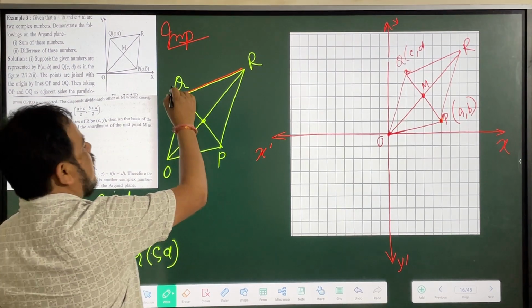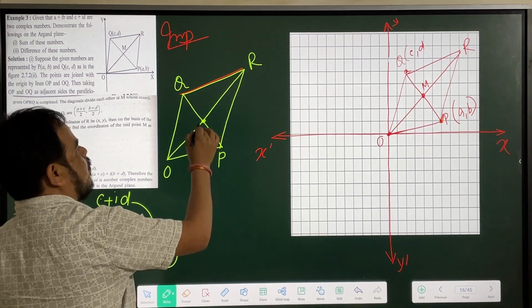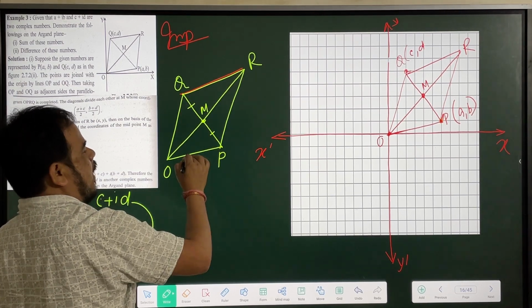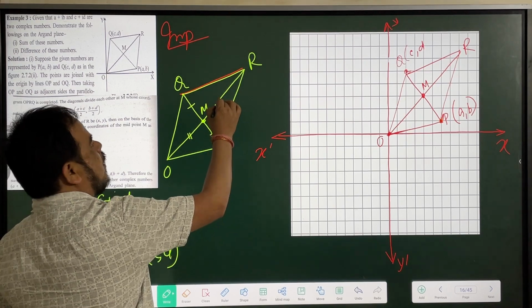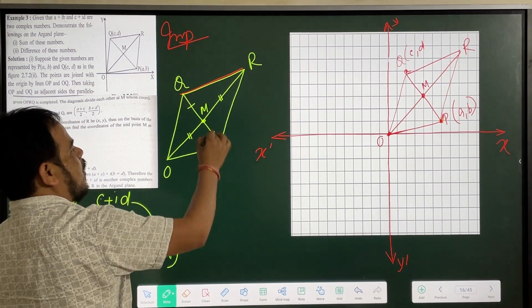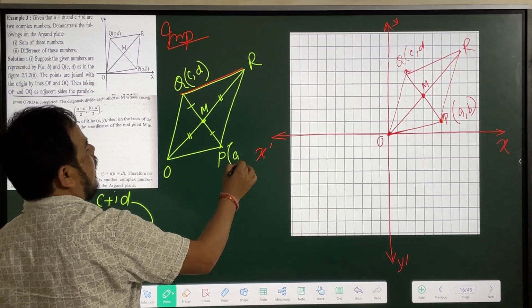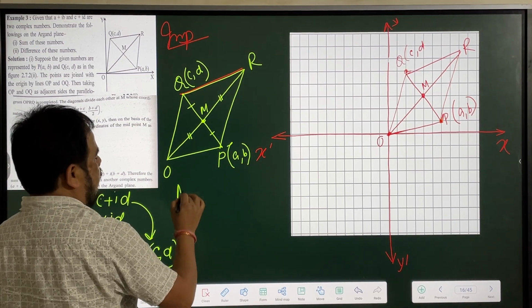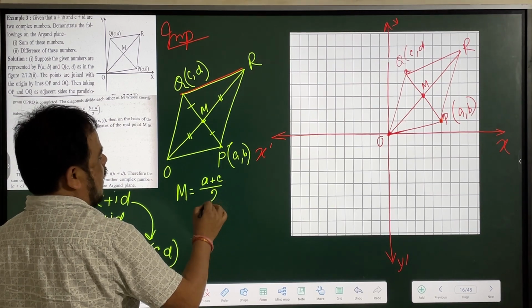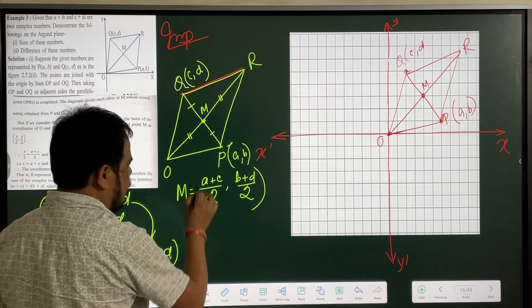That means QP and OR bisect each other at point M. That means QM is equal to PM, and OM is equal to MR. It means M is the midpoint of QP. Q we know is C comma D, P we know is A comma B. So M will be A plus C by 2, comma B plus D by 2.